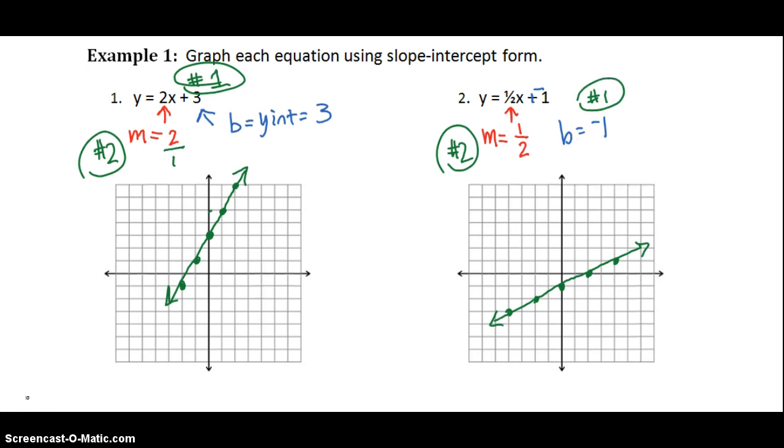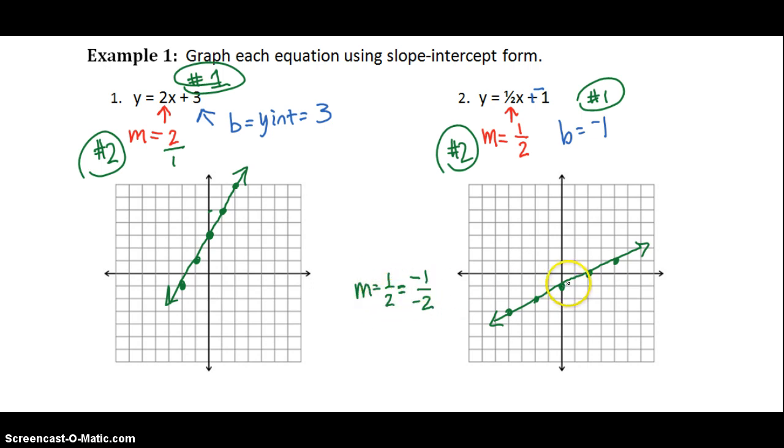Just in case you didn't follow how I was able to get these left 2 points, our slope is 1/2. But guess what? -1 over -2 is the same thing as positive 1/2, because negative over negative is positive.